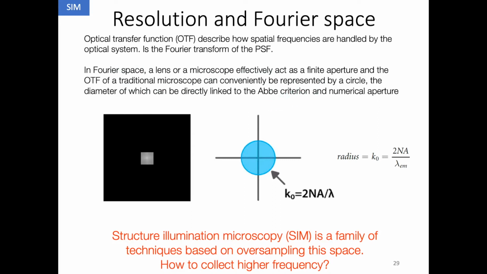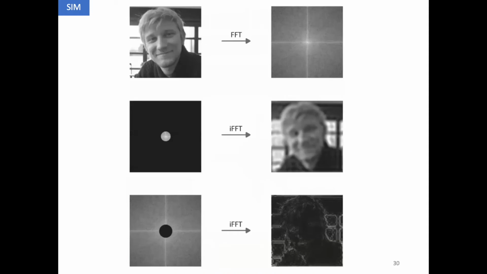Okay, so how can we overcome this limit? First, some examples. We have this person here, I don't know who it is, and we do a Fourier transform, we get this. If we now say we have a lens, and this only captures a certain amount of information, we cut out the other part of the Fourier space and transform it back.